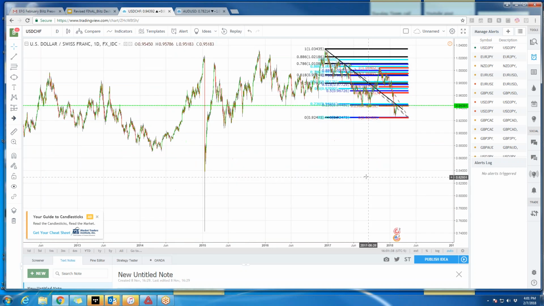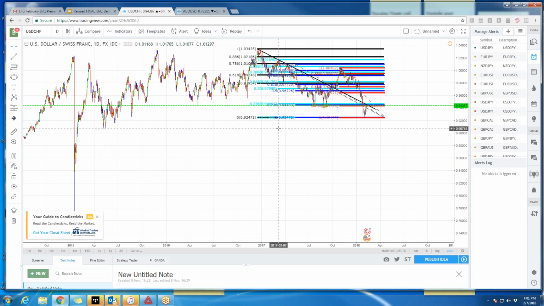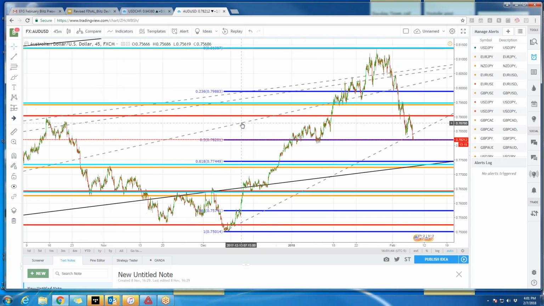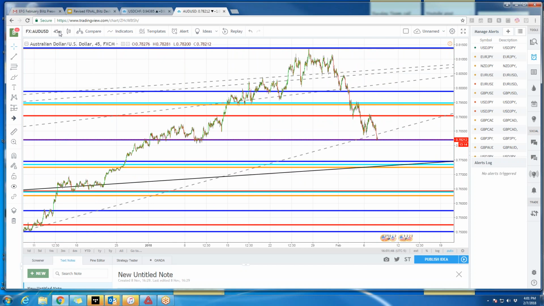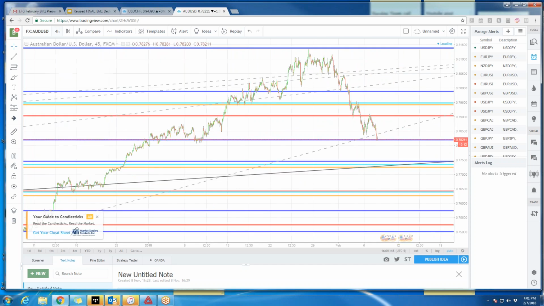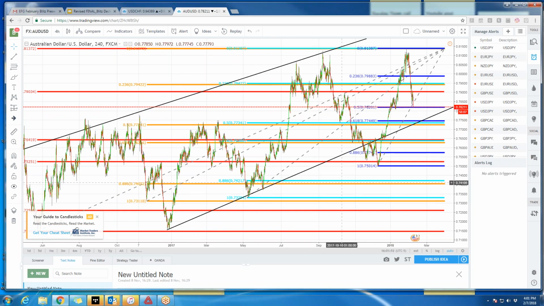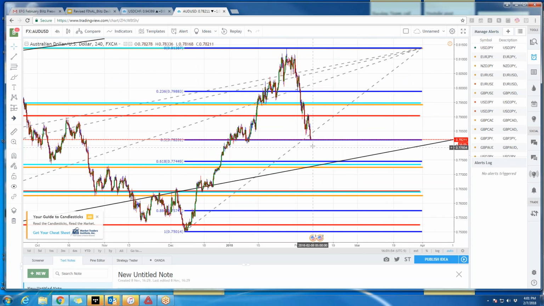What chart are you on now? This is that USD CHF one I'm still looking at, but this one is a great setup right here. AUD USD is running in our uptrend channel. It's testing the 50. I believe it's going to come test this channel right here at the 61.8 and then shoot back up.